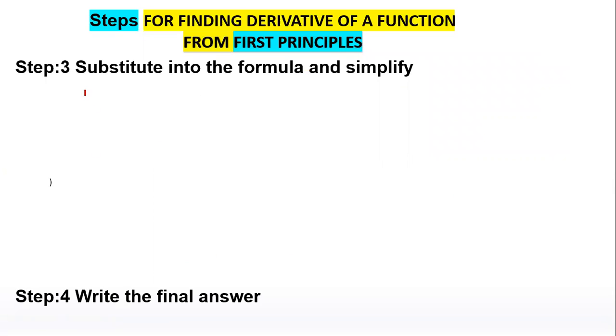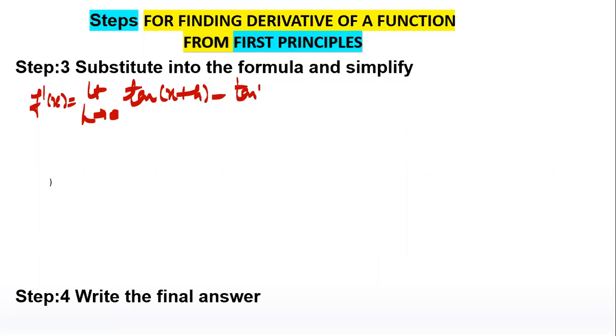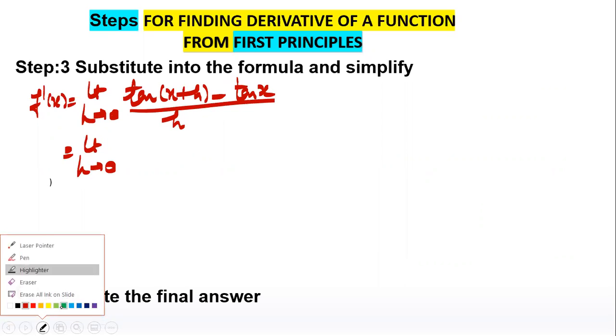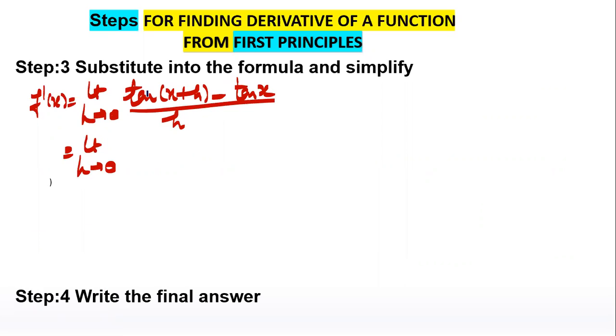Third step: f'(x) equals limit h tends to 0 of [10(x+h) minus 10x] upon h. So now we can write tan theta as sin theta upon cos theta.